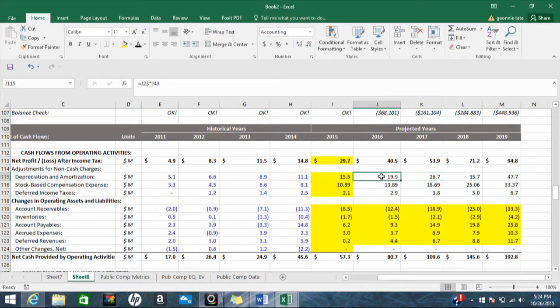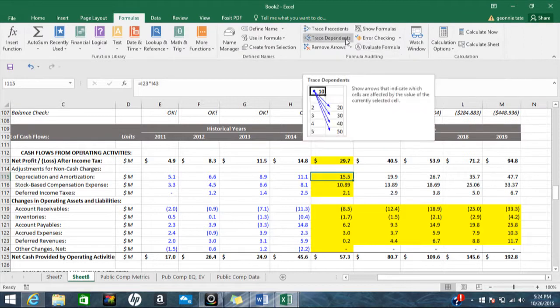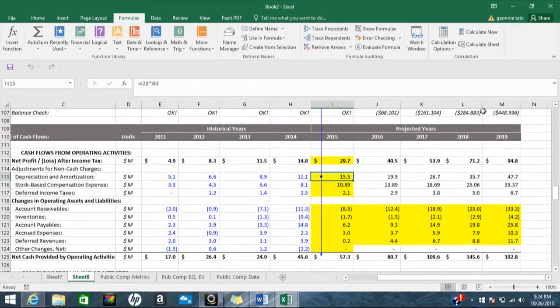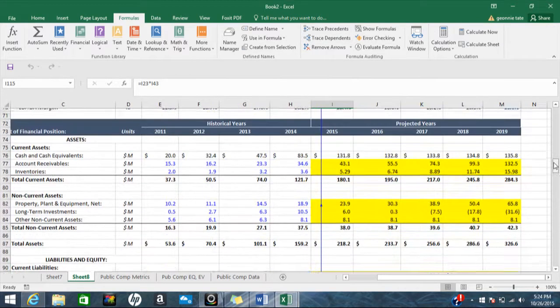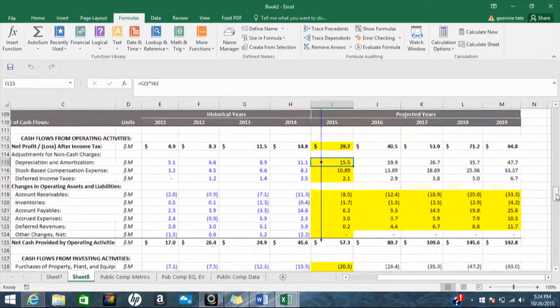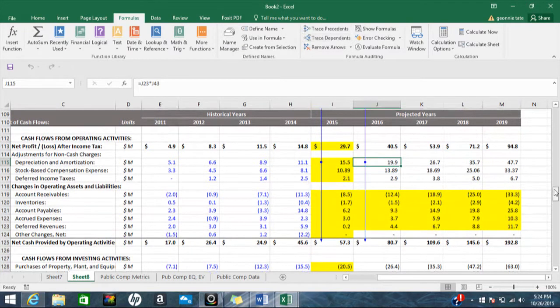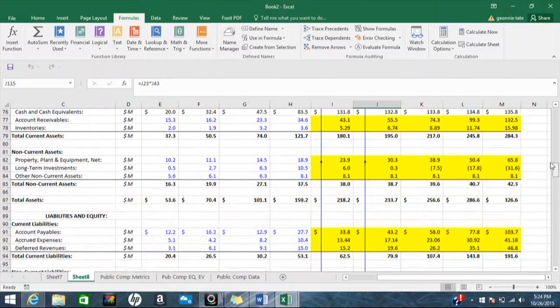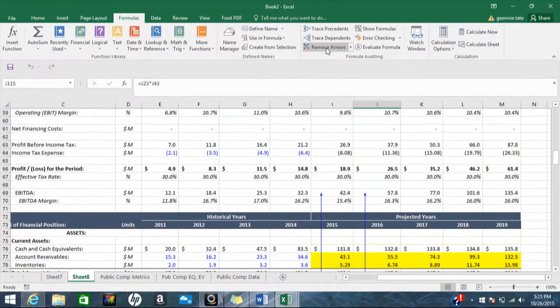So what I'm gonna do now is go to my formulas. Trace the dependence. PP&E. EBITDA. Okay. Compare it to these. Trace dependence. Okay. Remove arrows.